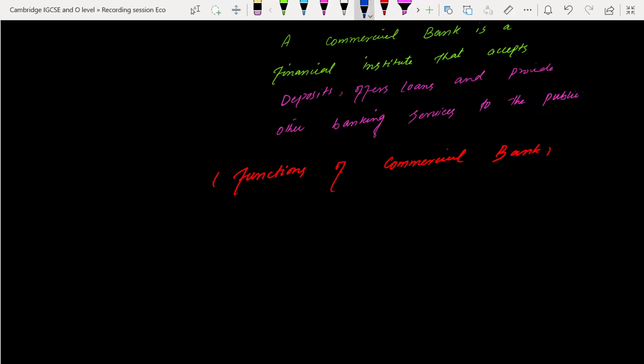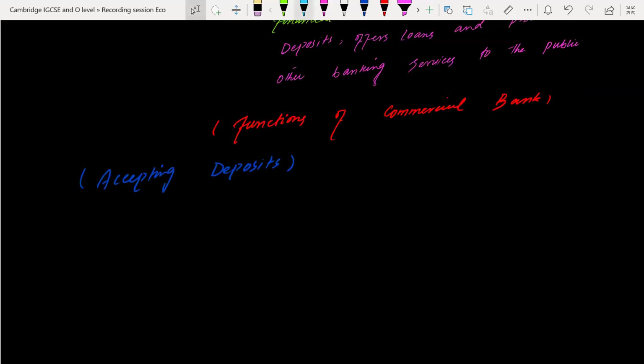First one, accepting deposits. Means it will keep the people's money safe.